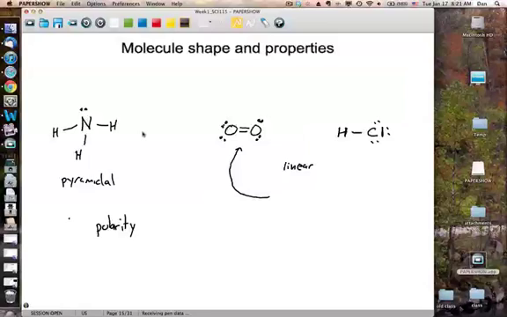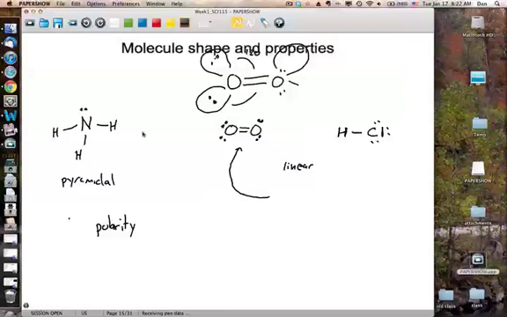And if we were to look at our VSEPR picture, we would see that this oxygen's lone pairs sit in a plane, roughly 120 degrees between them, and all of these would sit together in the plane, and so it wouldn't matter which way we were to look at this, we would still see the same identical structures.